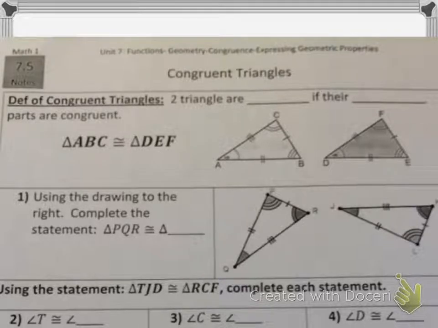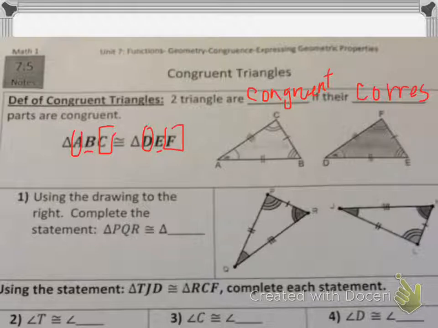It says the definition of congruent triangles is two triangles are congruent if their corresponding parts are congruent. So if angle A is equal to angle D, angle B is equal to angle E, and angle C is equal to angle F, then we have all of the angles that are congruent.